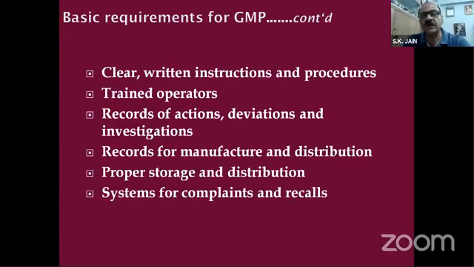We must have SOPs for all the processes, all the machines, and trained operators, that is related to the human resources working in the pharma industry, and records of action, deviation and investigation, records for manufacture and distribution, proper storage and distribution of the raw material as well as the finished product, and a system for complaints and recalls. All are the requirements of the GMPs.